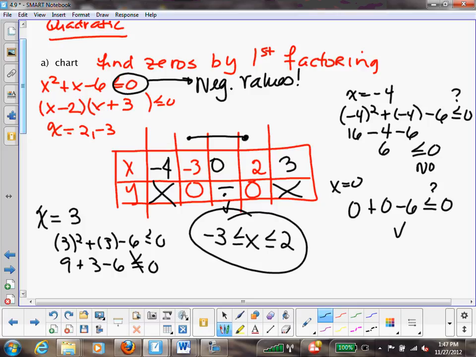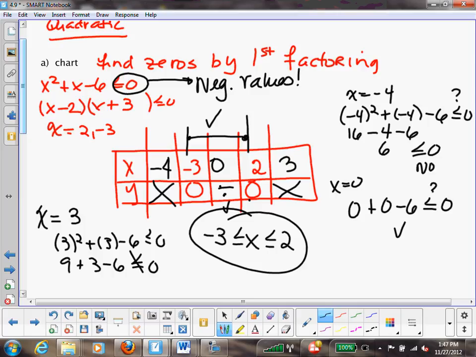Because between negative 3 and positive 2, those are the solutions. This test point works. My zeros become my boundaries. Do I want them between those two values, or on the outside of those two values? You test in between the zeros and outside the zeros.